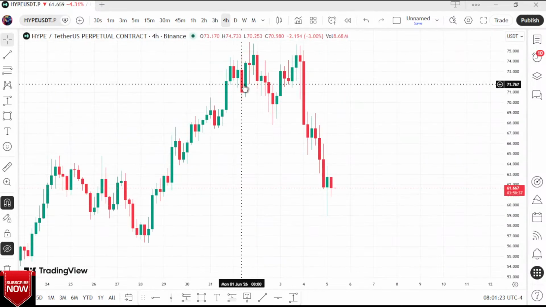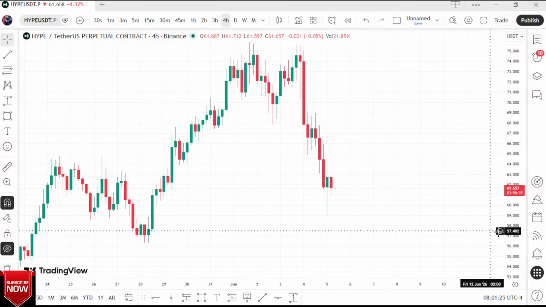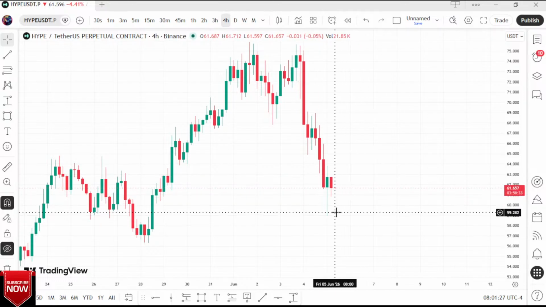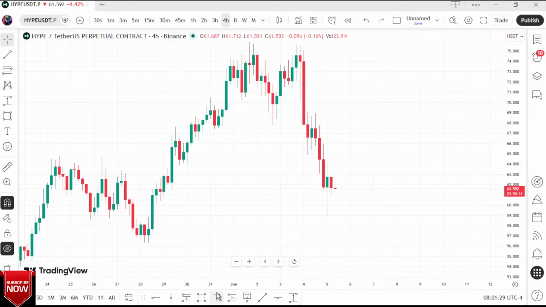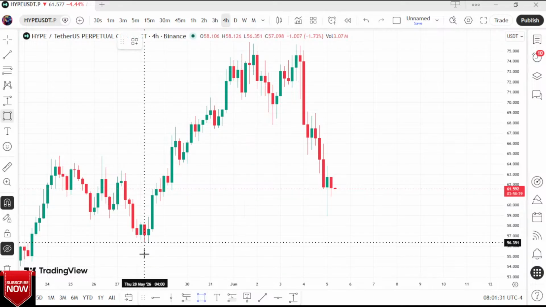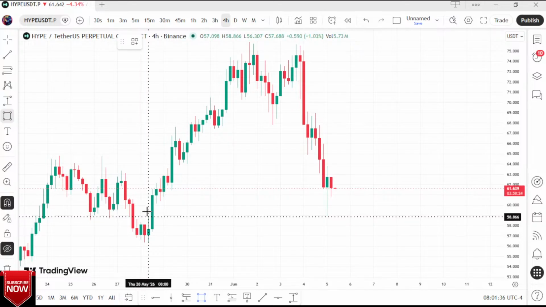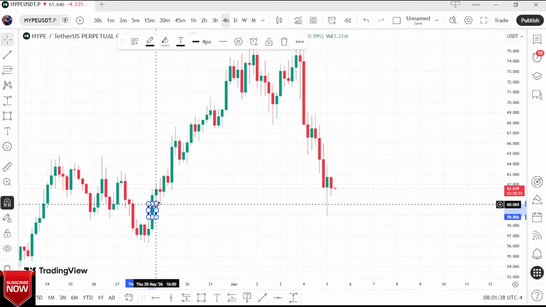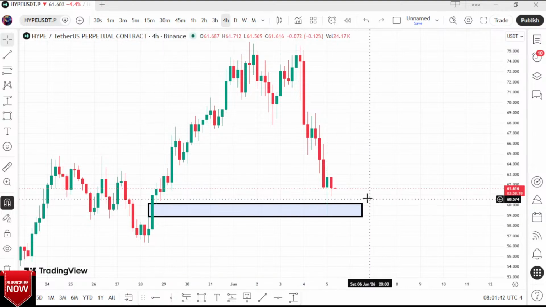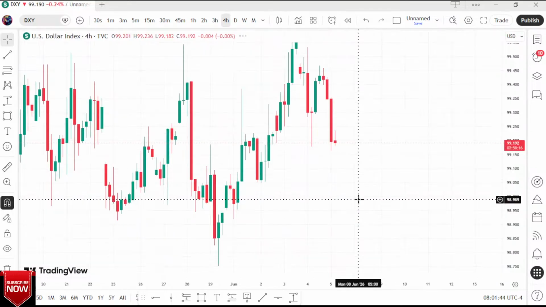Talking about hype, can you please tell me if it's this one? But what I'm expecting is bullish prices. I don't know such markets.